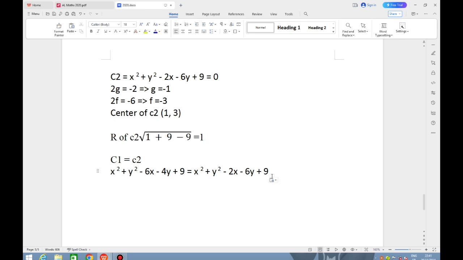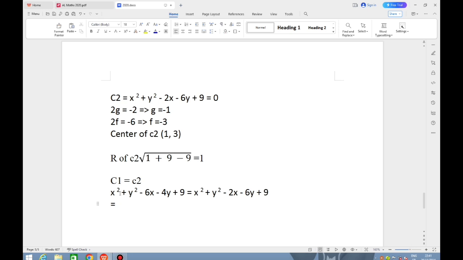Now we can bring items together, adding and subtracting when necessary. x squared plus y squared minus x squared plus y squared is equal to nothing. Negative 6x plus 2x is equal to negative 4x. Negative 4y plus 6y is equal to 2y.